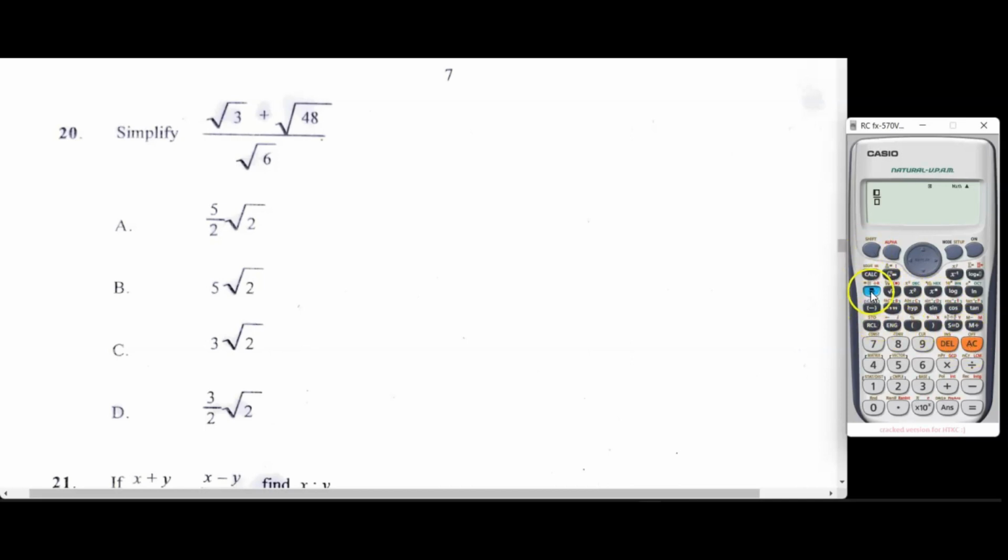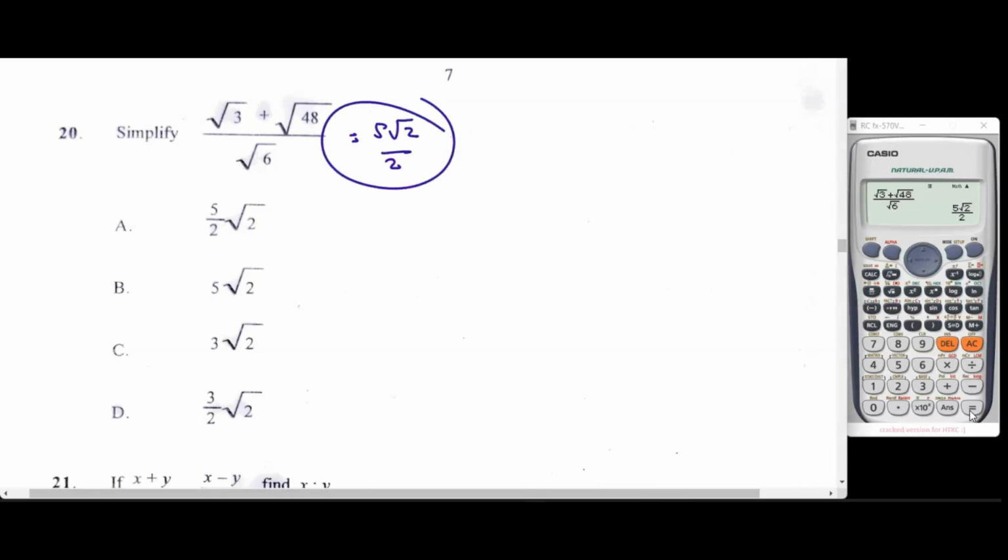So fraction, square root of 3, then move forward and plus square root of 48, then cursor down, square root of 6, then equal to, so the final answer is actually 5 root 2 over 2.